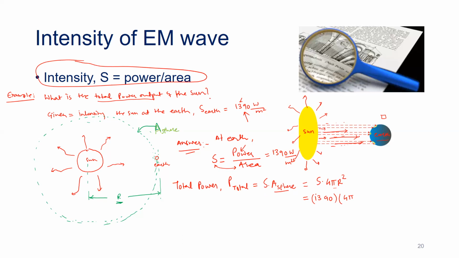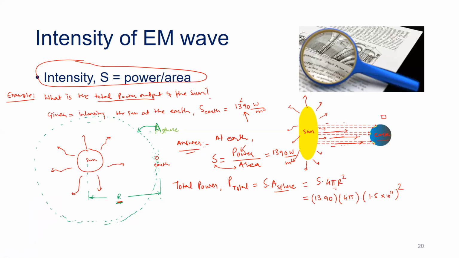What is the radius? This distance is known to us. So it is (1.5 into 10 to the power 11) squared, R square.